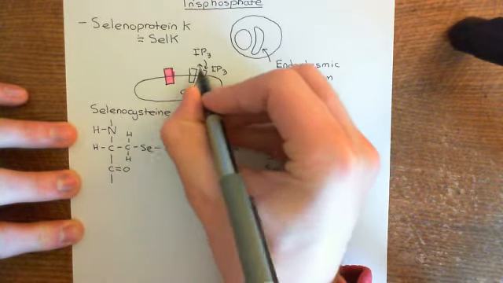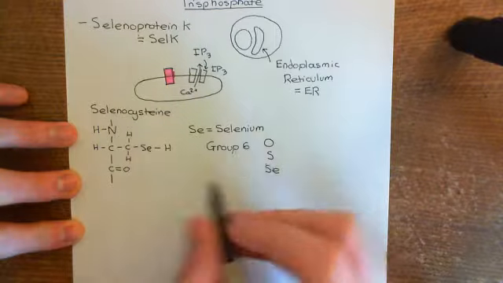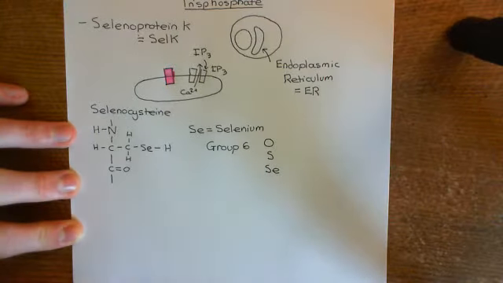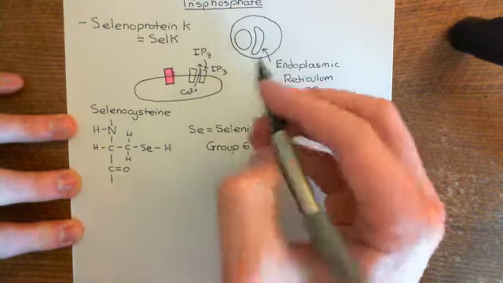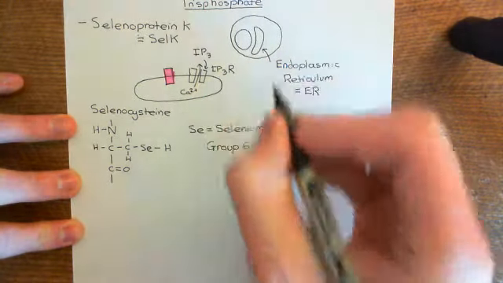And it's not IP3 that directly causes the release of calcium, but it primes the receptor so that it can then release the calcium. But for a useful simplification, we can think of IP3 causing the opening of the IP3 receptor here.